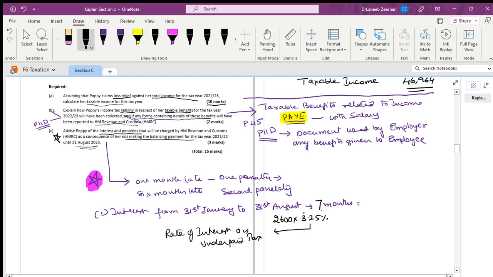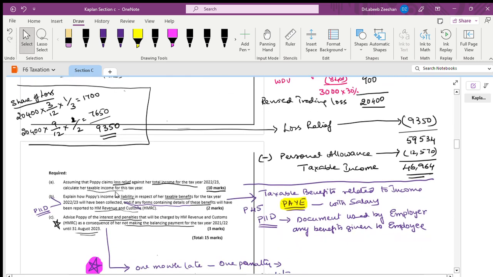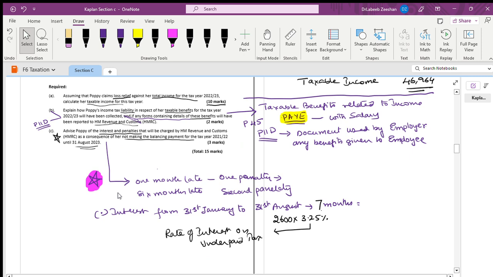Why 2,600, Mr. Levy? Here it is given. The balancing payment. Yes. 2,600 times 3.25% times 7 by 12.